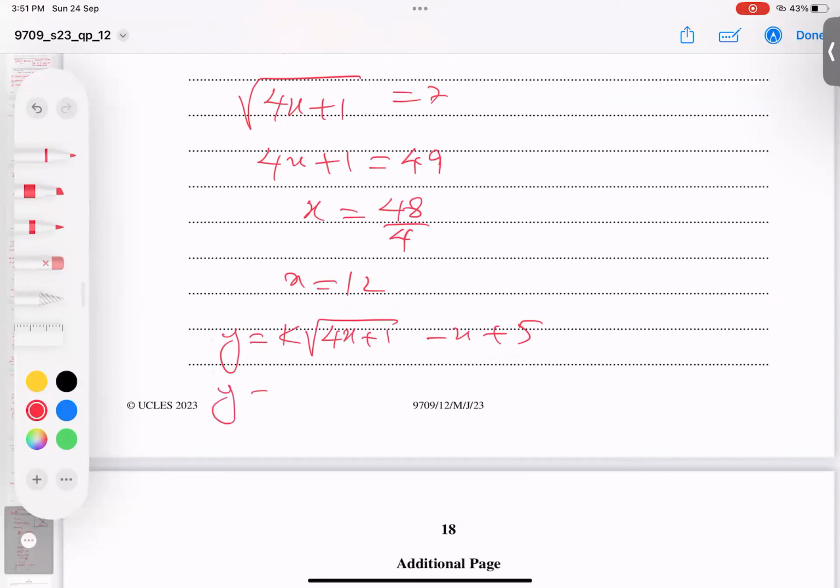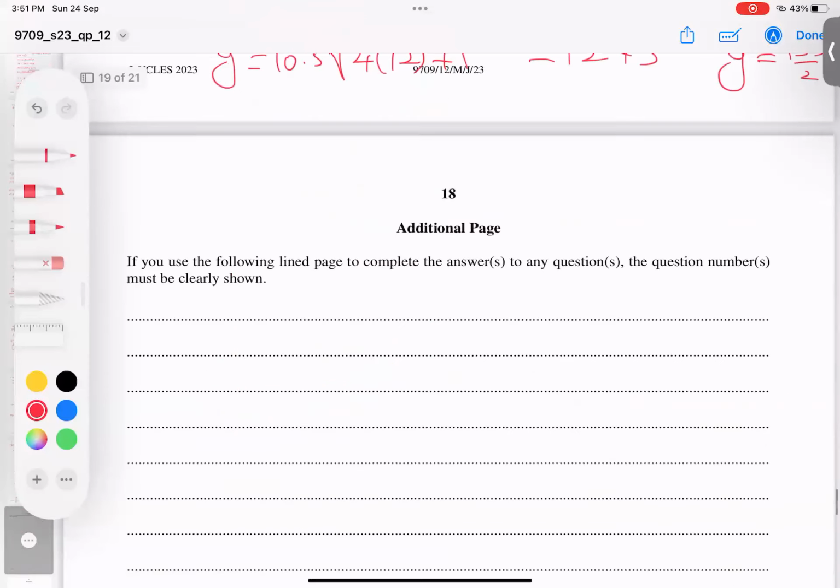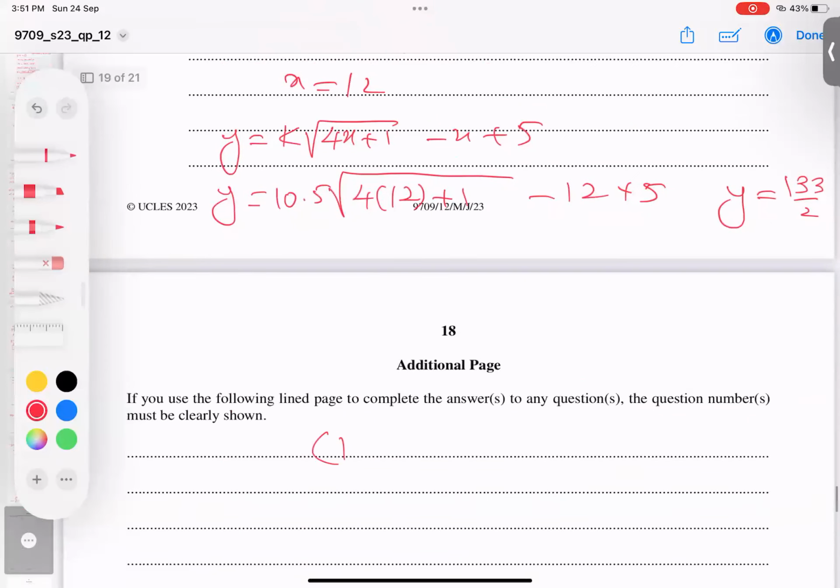So when I plug in 10.5 here, and 4 times 12 plus 1, and minus 12 plus 5, and if I solve this, what do I get, students? If I type it in the calculator, I get 133 by 2. So it means x and y values. So I got what point, students? 12 comma 133 by 2.